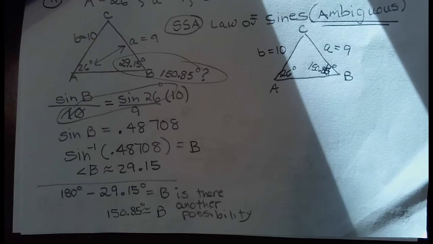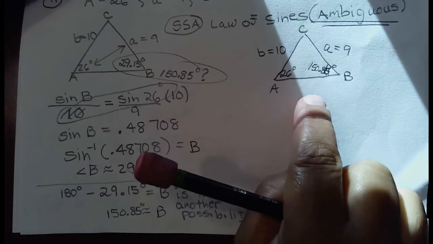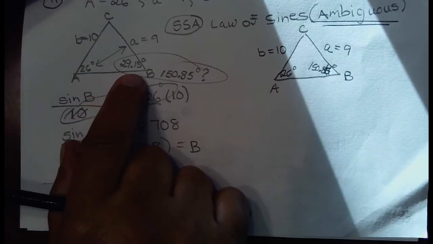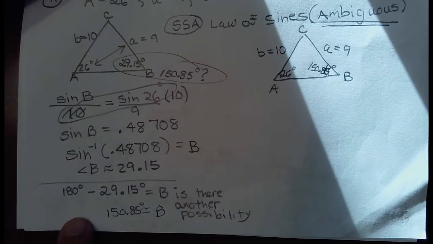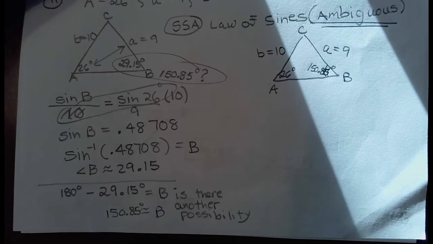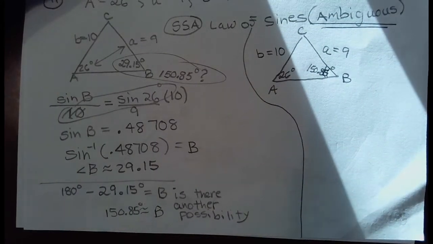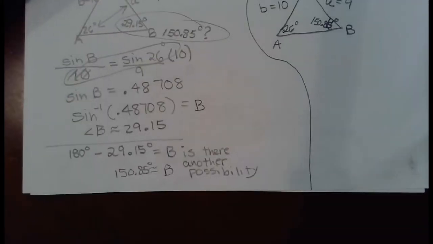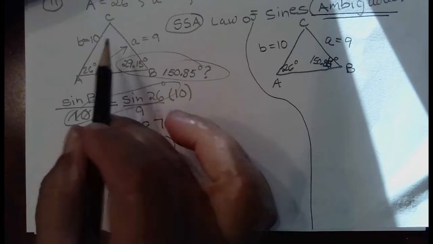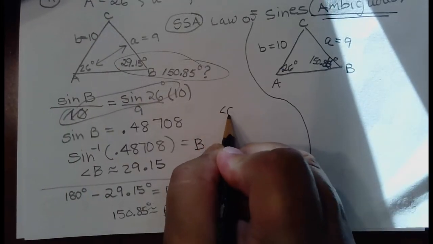Okay, let's continue. Let me see if I can make some room here to complete this first triangle. Why don't we go after angle C to finish this triangle off. So here's angle C, which is 180 minus these two angles put together. So take off the 20, you can take them off one at a time, and also take off the 29.15.